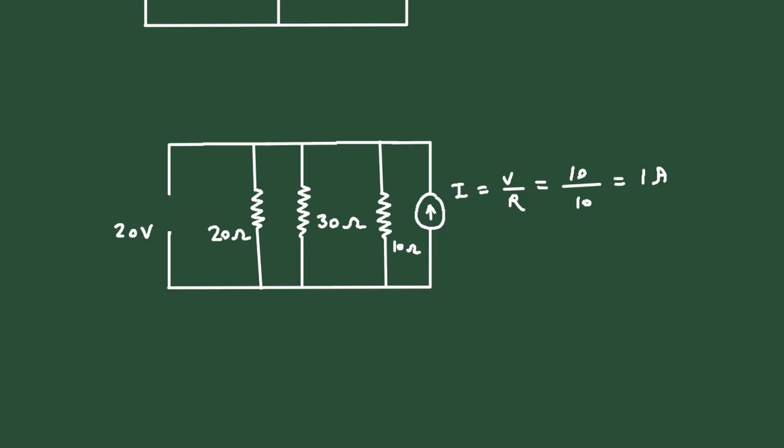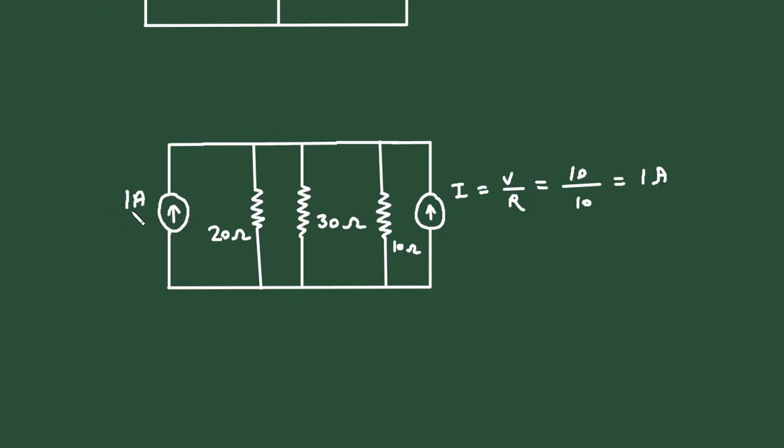So it will be like this, upward, and current I is equal to again V by R. The value of voltage is 20 and the value of resistance is 20. So it will be 20 divided by 20, so it will be 1 ampere. Now we can erase this 20 volt from here.